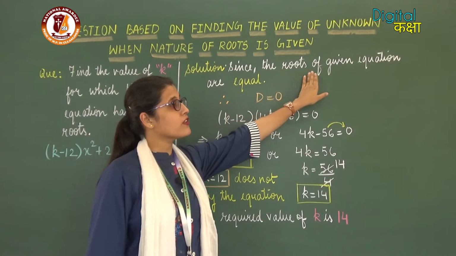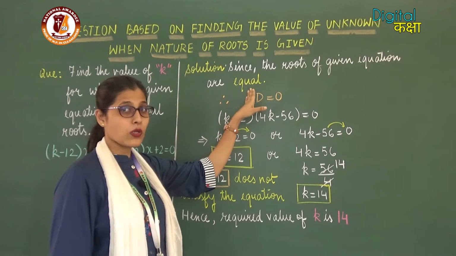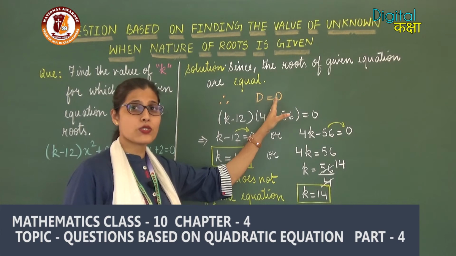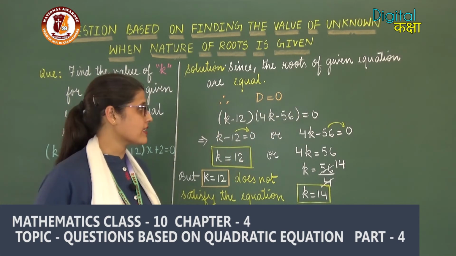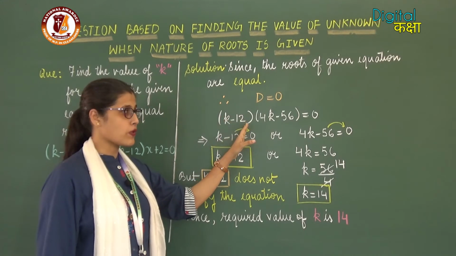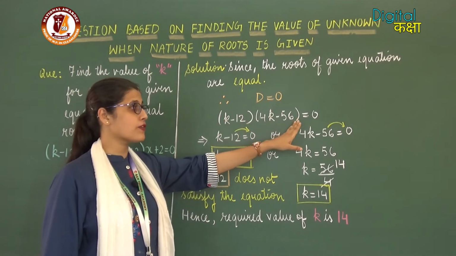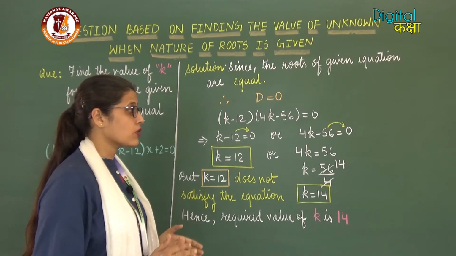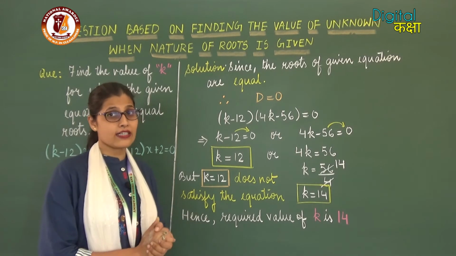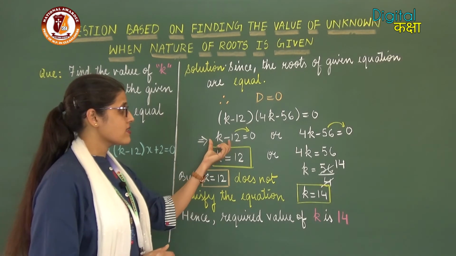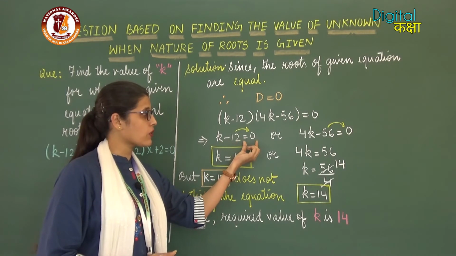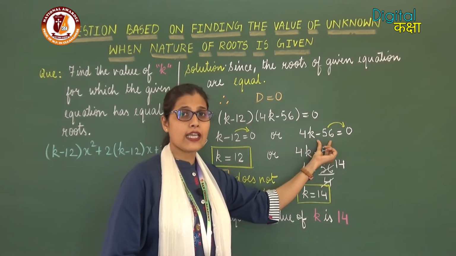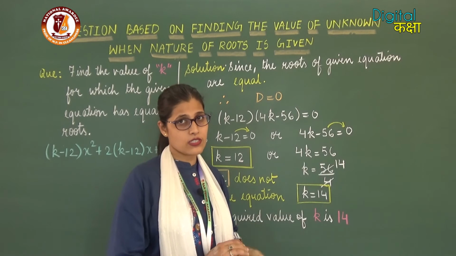Since the roots of given equation are equal, therefore the value of discriminant will be equal to 0. It means that the value of (k − 12)(4k − 56) should be equal to 0. Since we need to find the zeros or the roots of the given equation, so once we will be equating k − 12 = 0, and in the next step we will be equating 4k − 56 = 0.